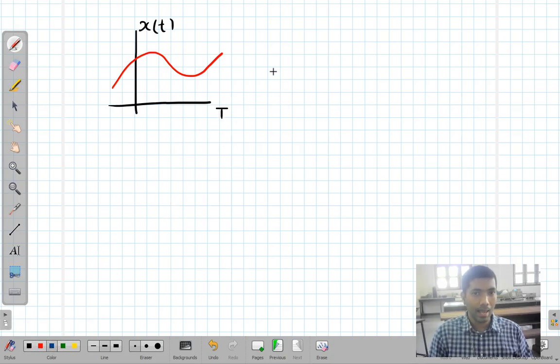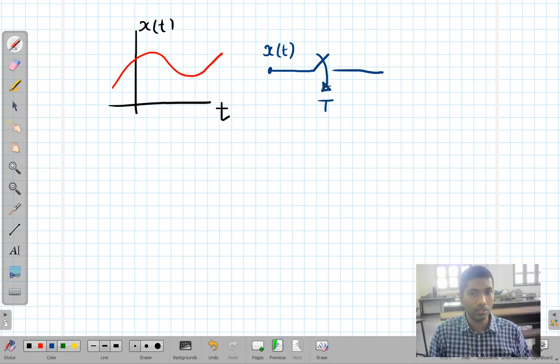If we are sampling the signal with a sampling period of capital T, it is like switching at a period of capital T. If we use a switch which closes every capital T time, and here you are giving x of t, then after each capital T the switch closes and the signal reaches here.